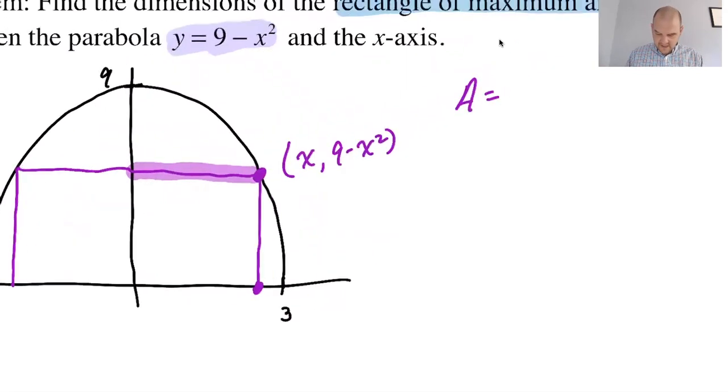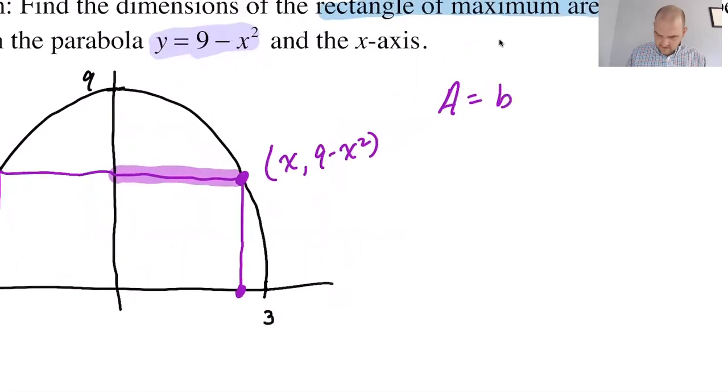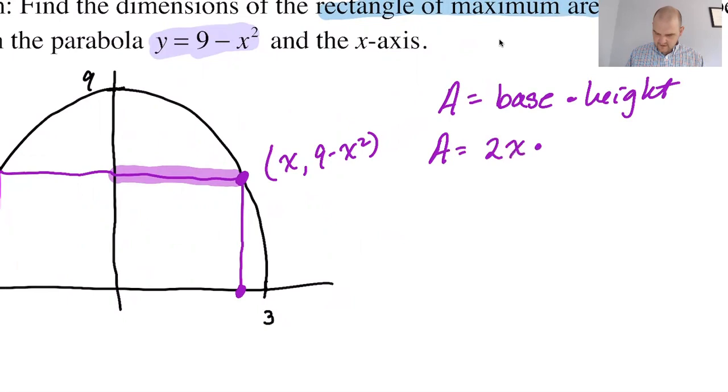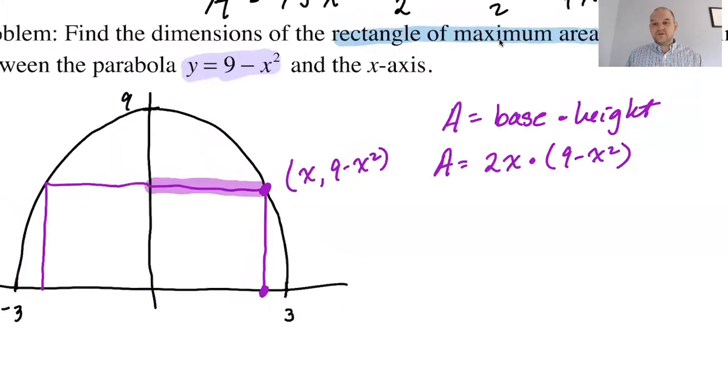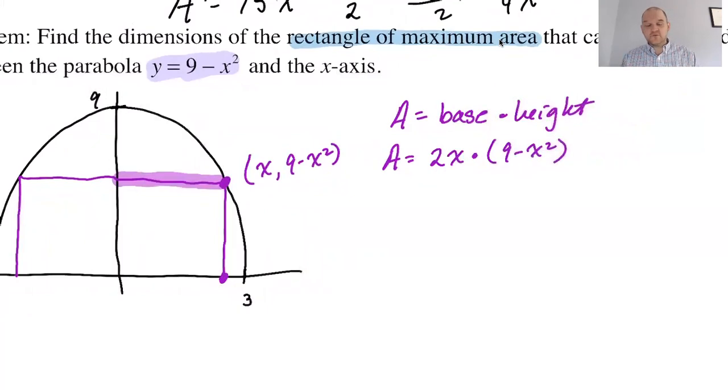So the base is going to be 2 of whatever x is, and then the height, no matter what x is, is 9 minus x squared. So that's our equation. That's the only equation. We don't actually have a helper equation in this part because we don't need it, because there's only one independent variable. It's x. So we don't need another equation to get rid of another variable. We're good to go on this.